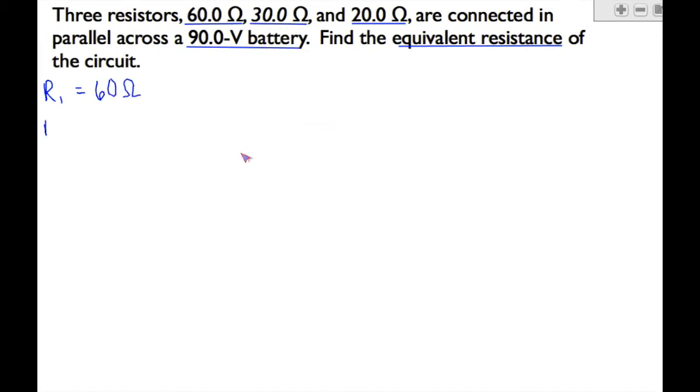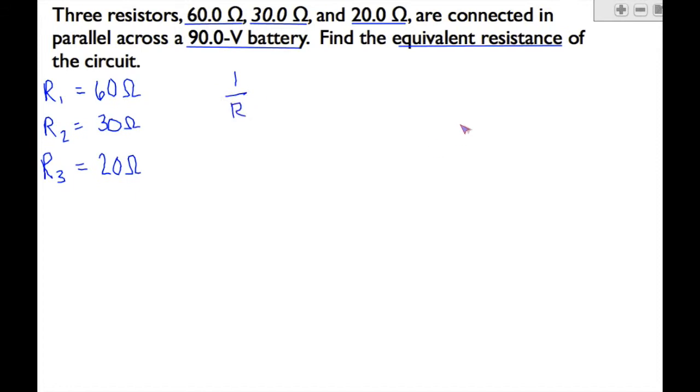We know the second resistor is 30 ohms. And we know the third resistor is 20 ohms. So if we want to find the equivalent resistance, we're going to use this formula.